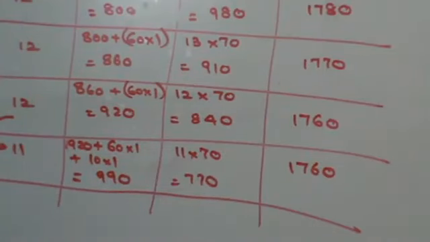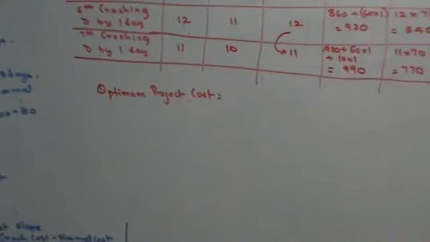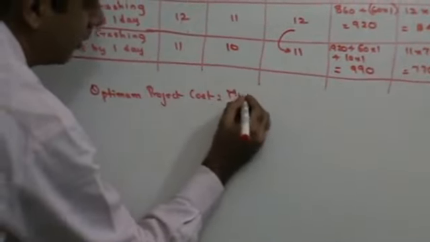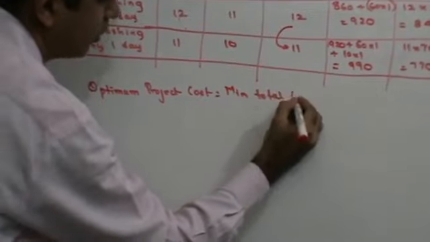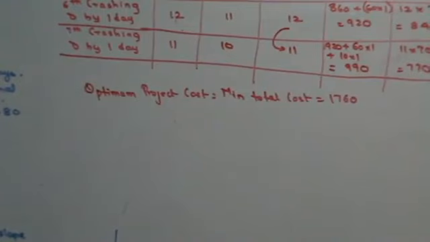So now, my final answer will be my optimum project cost. What do you mean by optimum project cost? Optimum project cost means my minimum total cost. The minimum cost is 1760. Fine.